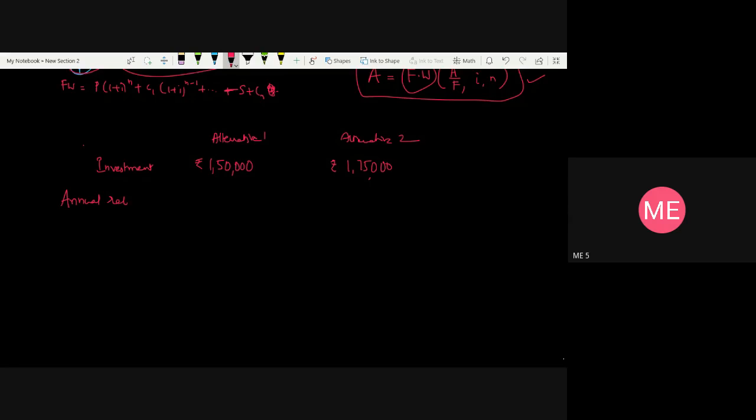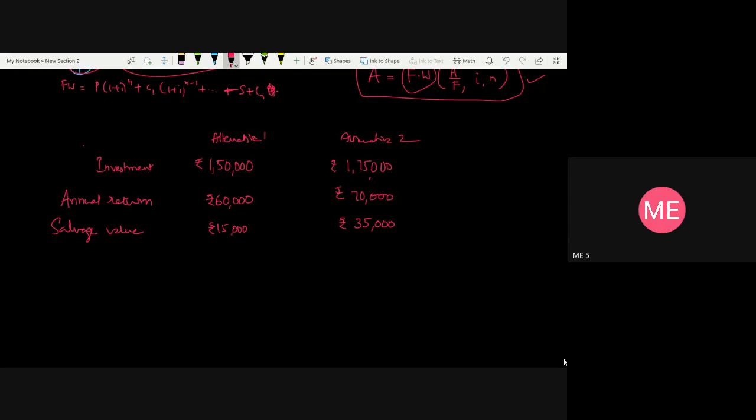Return in the sense it is savings, or you can say it is income. It will be rupees 60,000 for this alternative, and for the other alternative it is rupees 70,000. The salvage value for alternative one is rupees 15,000, and for the other it is rupees 35,000.